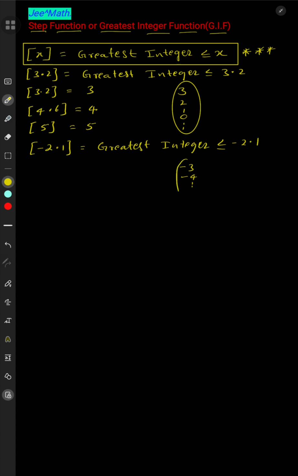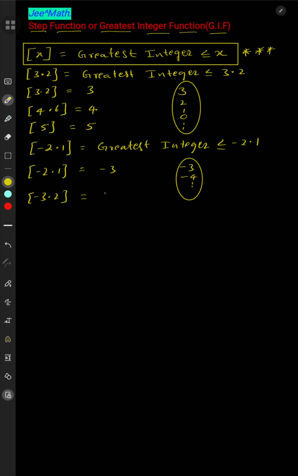So in all those integers, the greatest one is minus 3. So you need to take minus 3. So finally step of minus 2.1 you need to take as minus 3.